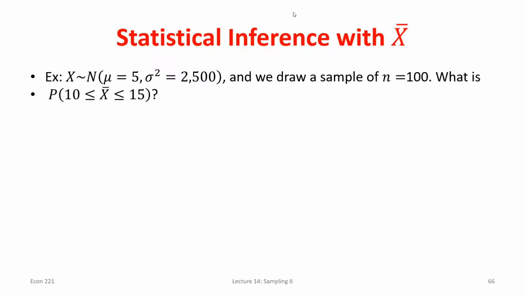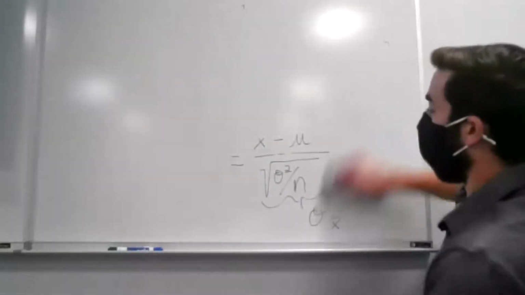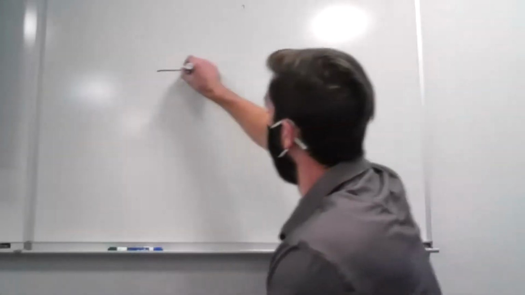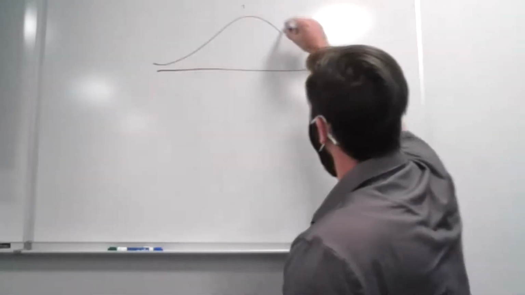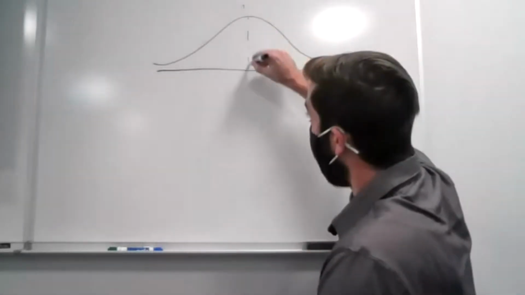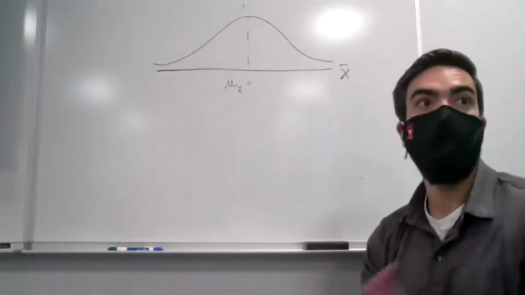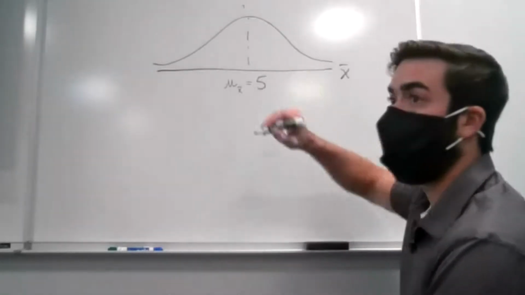So what I'll do is think about what area I'm looking for first. I'm looking at sample means, and I know they should be normally distributed, and the mean of my sample means should be whatever the population mean was. I think the original population mean was 5.